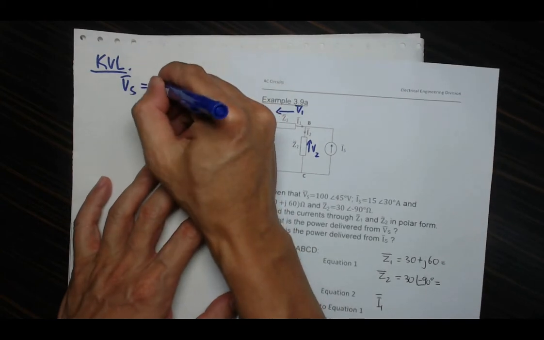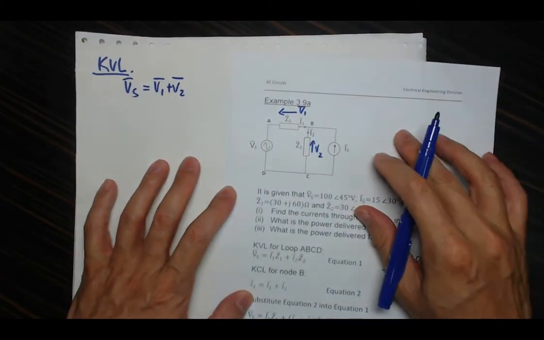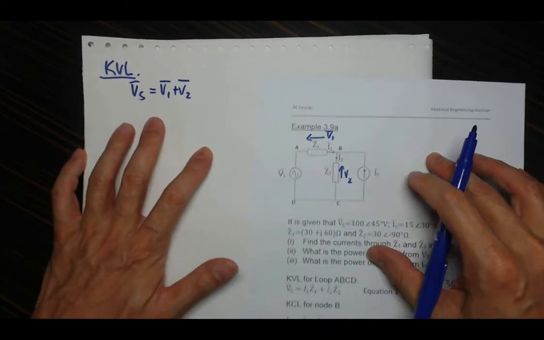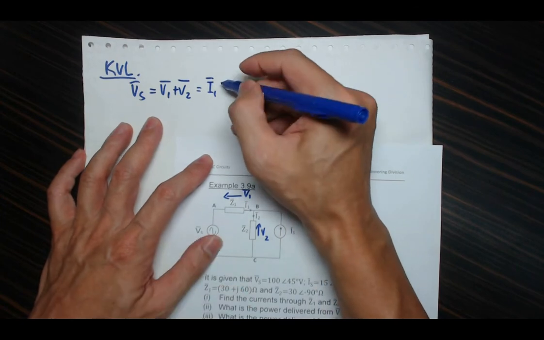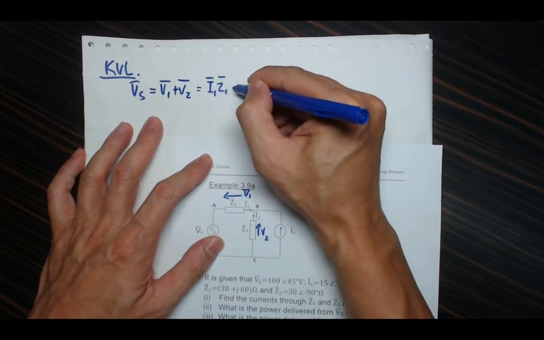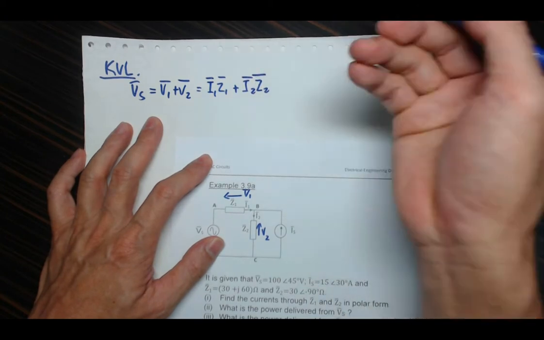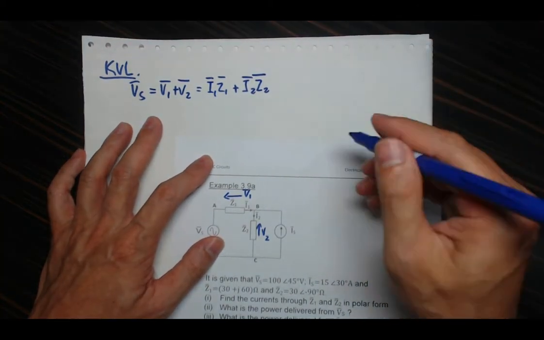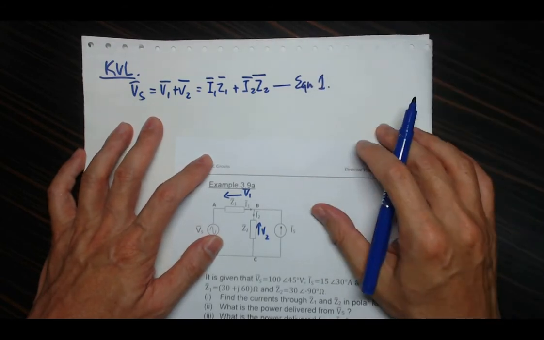Now about V1, we can compute it with I1 Z1 plus I2 Z2, and that's our first equation which we want to use.